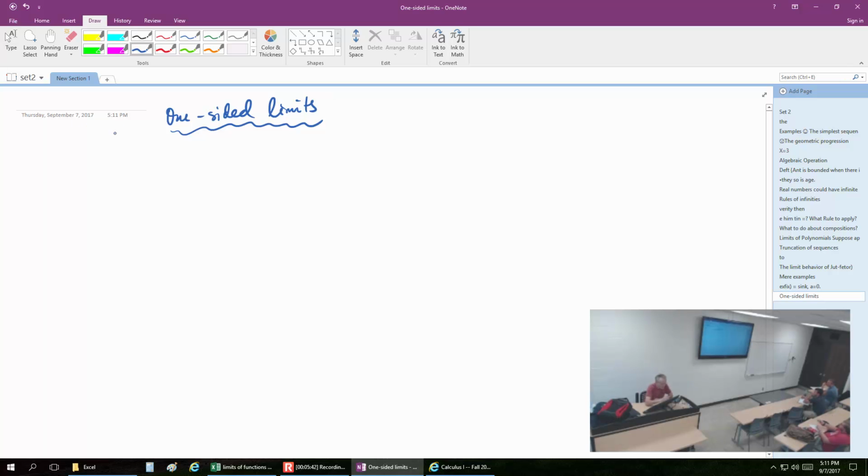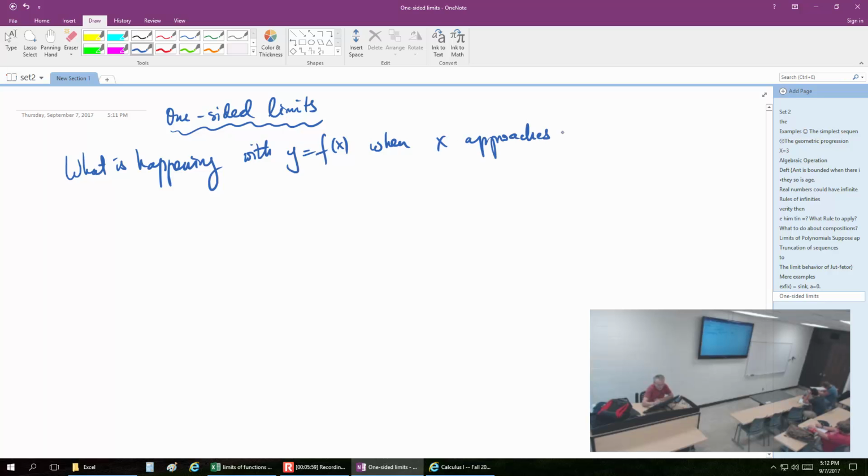So again, we are interested in what is happening with y equals f of x when x approaches some value a. But that's the original question. So the new question is the same question.